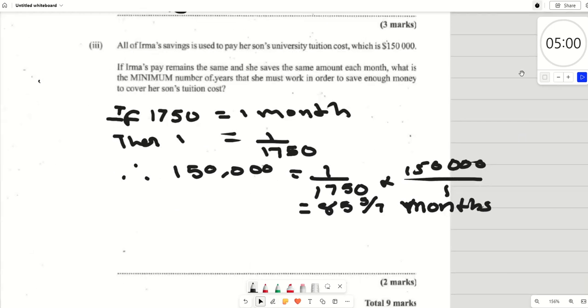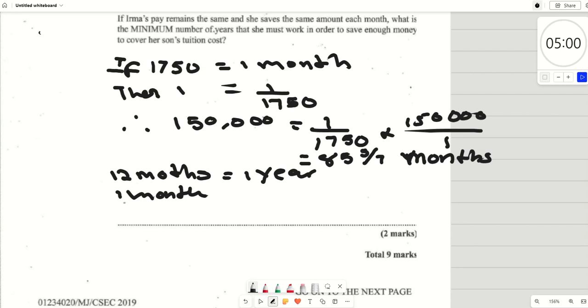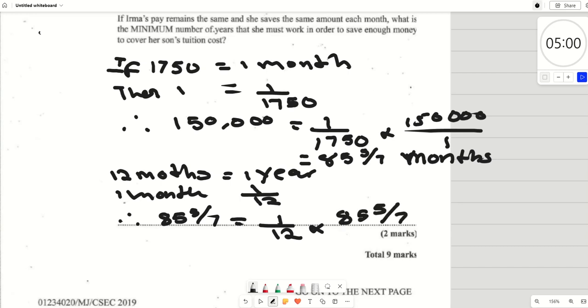Right, now they ask you how many years, so let's convert this 85.57 to years. So we know that 12 months is equal to 1 year. 1 month would be 1 over 12, and therefore 85 and 5/7 would be equal to 1 over 12 multiplied by 85 and 5 over 7.